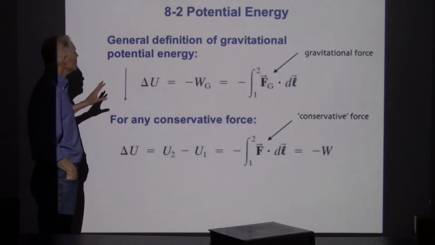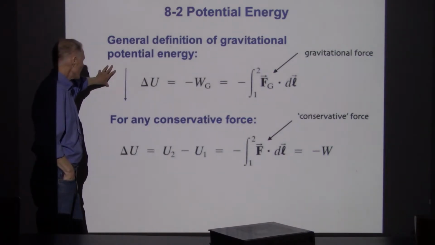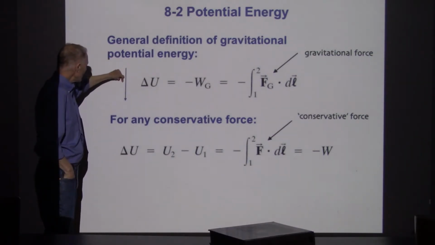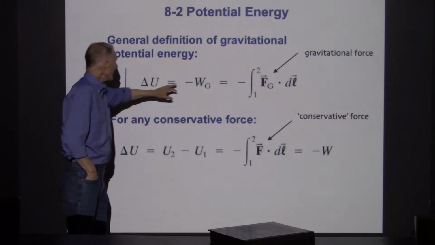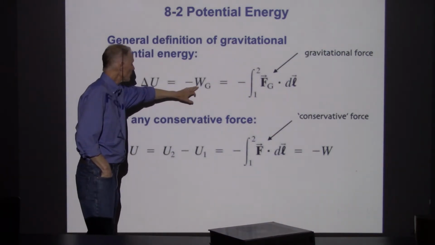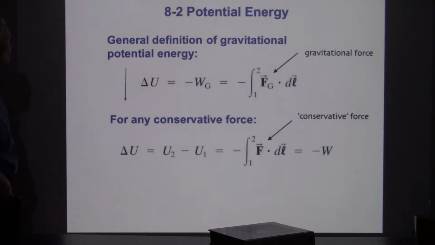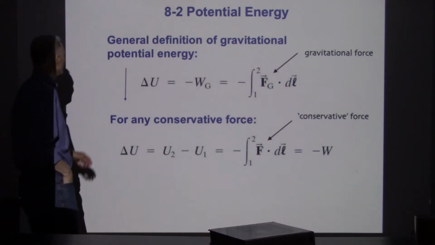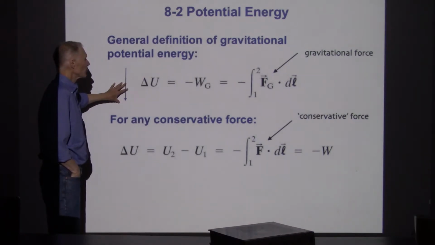Now, the general definition of gravitational potential energy looks something like this. It says that when an object is dropping, the work being done by gravity means we're taking energy out of the gravitational field.